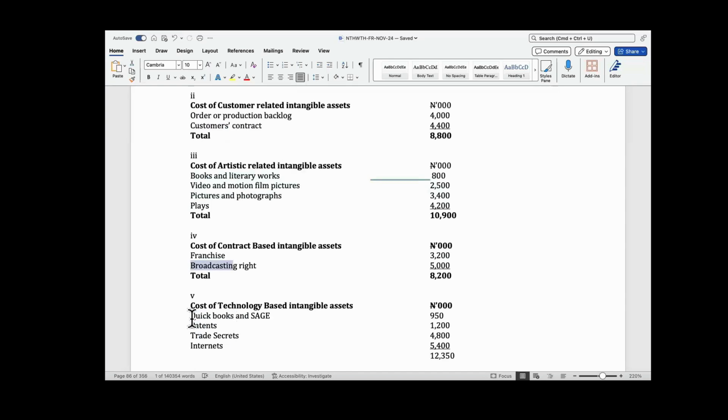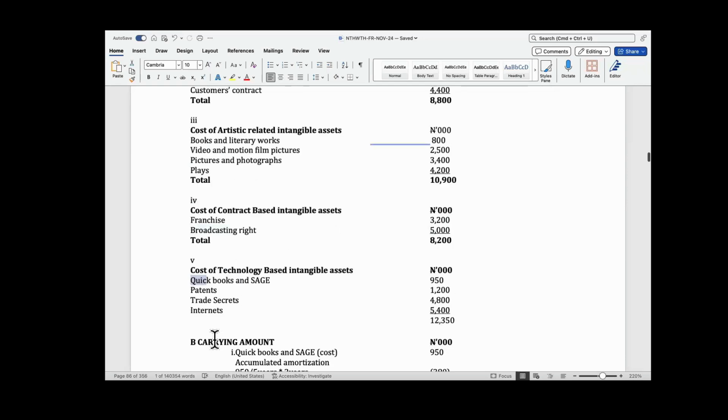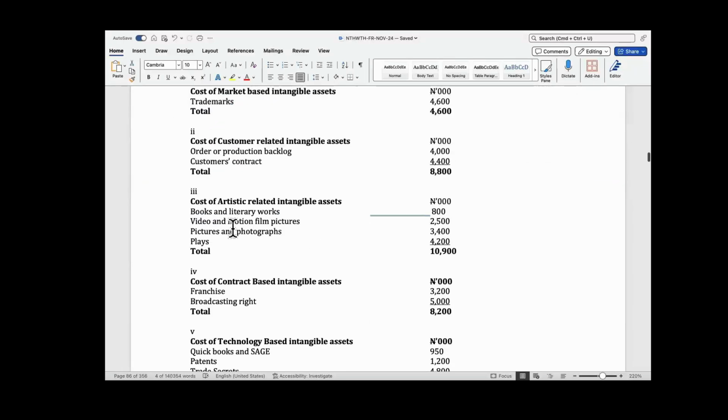In technology, I put QuickBooks, patent, trade secrets, and internet. It's arguable, but I put it majorly to solve part B, where they ask us to calculate the carrying amount at 31st December 2017 for QuickBooks, trademarks, plays, and franchise.